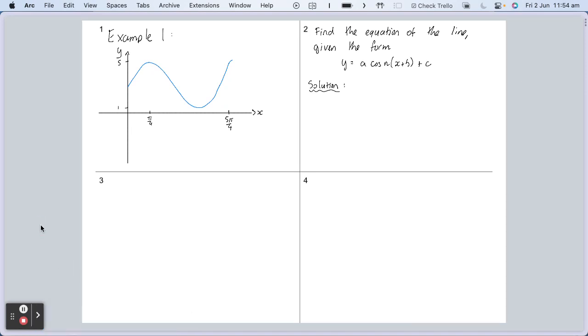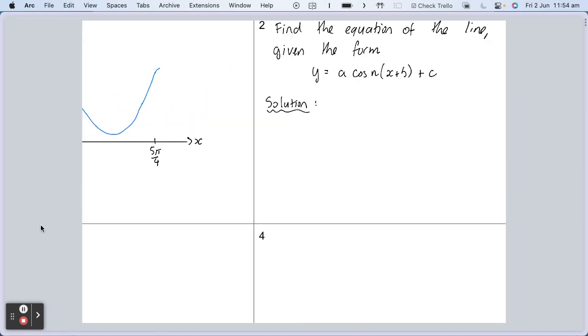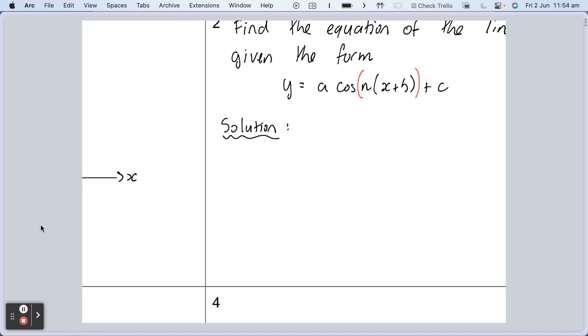Effectively, we look at the question, and it says, find the equation of the line given the form, and this is where we now know what we aim for: A cos(nx + b) + c. Notice, by the way, that this is what it is on the information sheet. I tend to put brackets around the whole cos(n...) to say this whole thing has been applied to the cosine function.